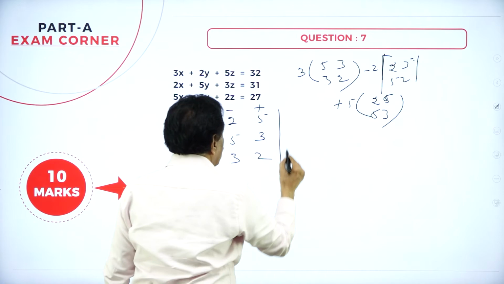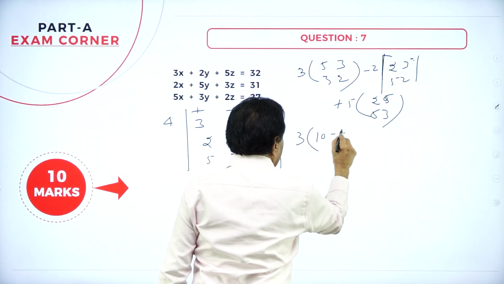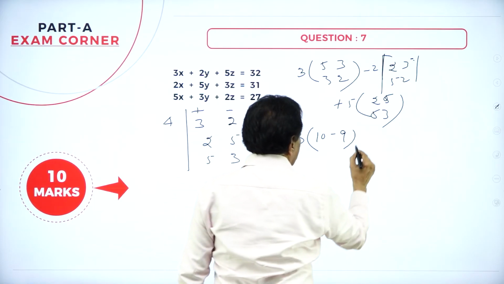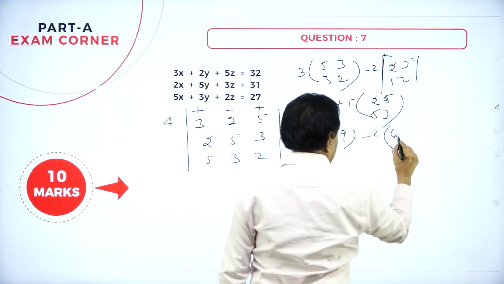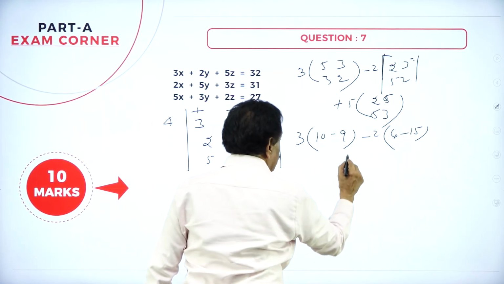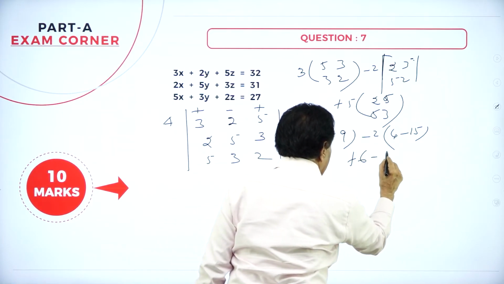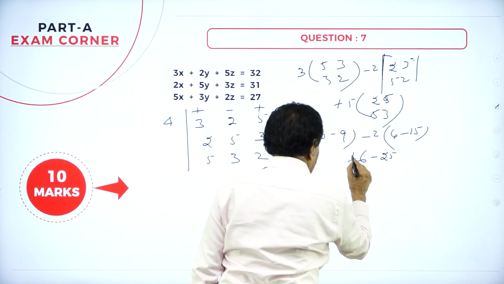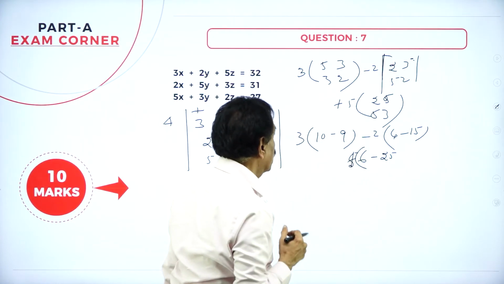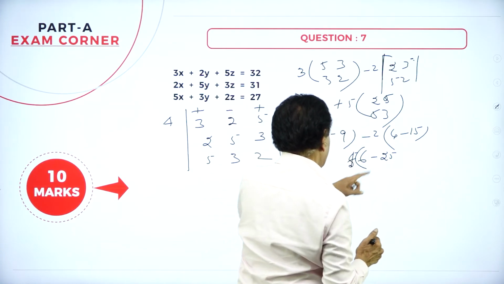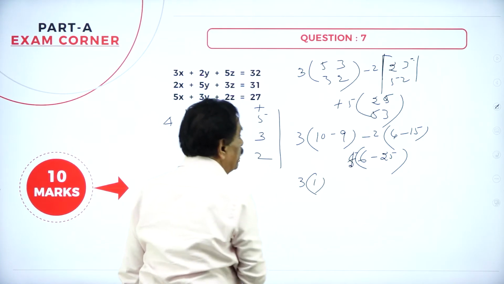Simplify. 3 into 5 2s are 10, 3 3s are 9. Minus 2, 2 2s are 4, 5 3s are minus 15, plus 2 3s are 6. 5 into 6, minus 25. 3 into 10 minus 9 is 1.